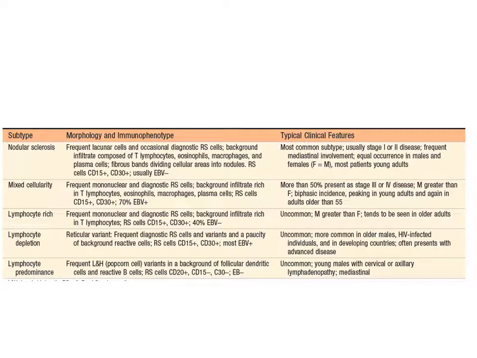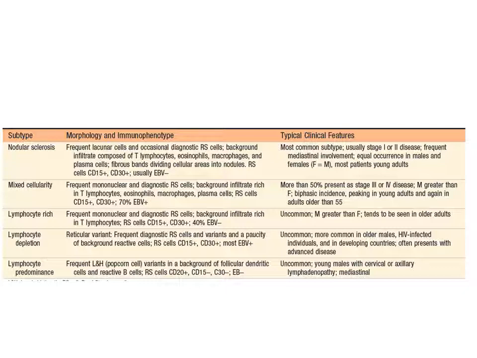Now this table from your book, Robbins, you can see the same subtypes, morphology and immunophenotype, then typical clinical features. You can read this. I will narrate this also. Nodular sclerosis: frequent lacunar and occasional diagnostic Reed-Sternberg cells are present.